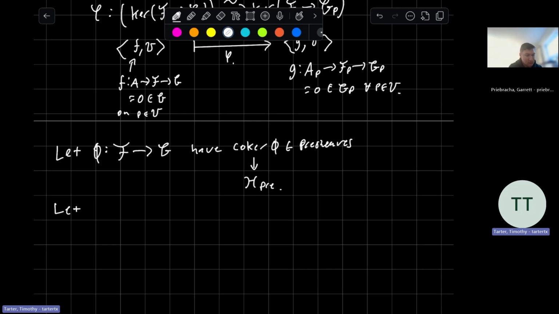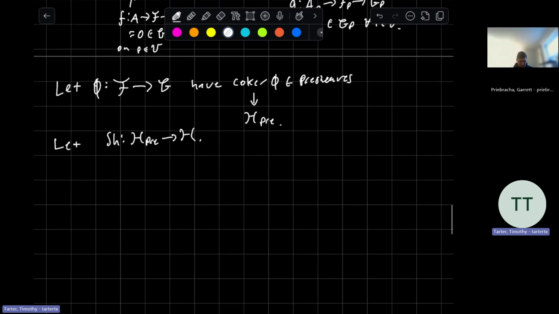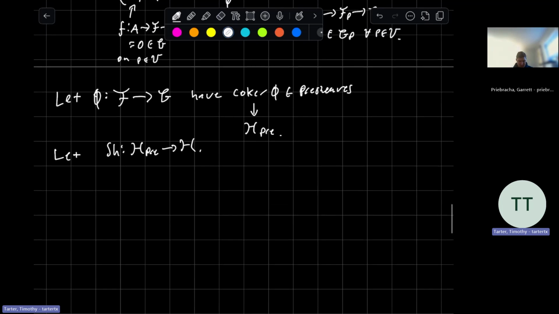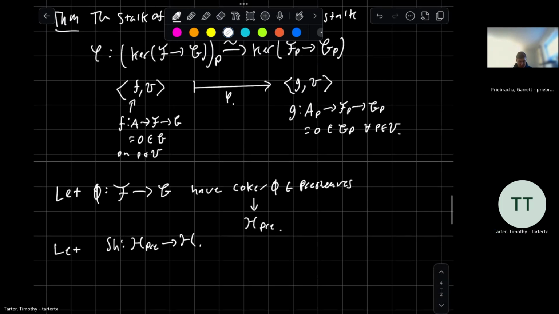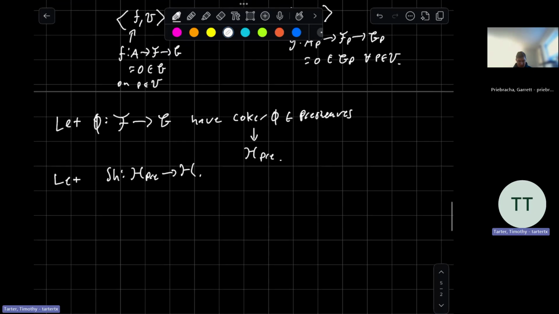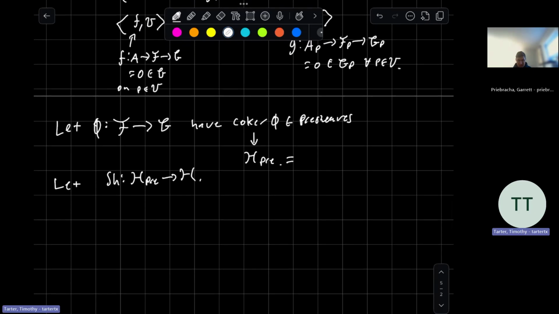And then let its sheafification go to H. And what is this really equal to? Well, this is equal to the image of phi mod.